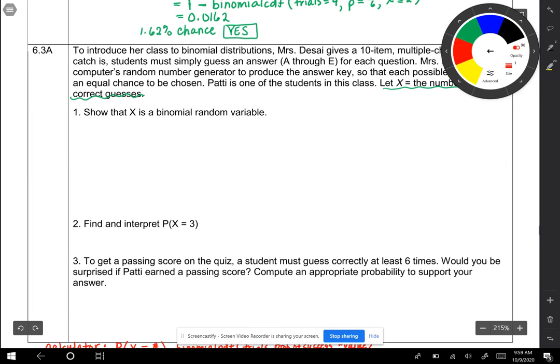So basically we're putting all of this together that we learned today. All right. For binary, the success is that she correctly guesses, and the failure is an incorrect answer. As far as the independent condition, whenever things are done randomly with a random assignment, that also satisfies the independent condition.